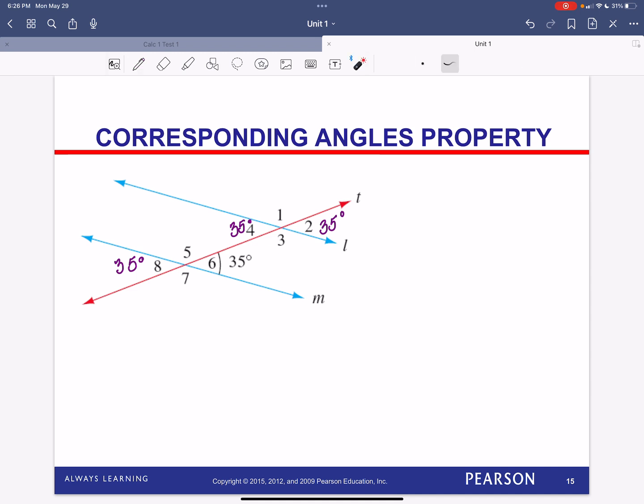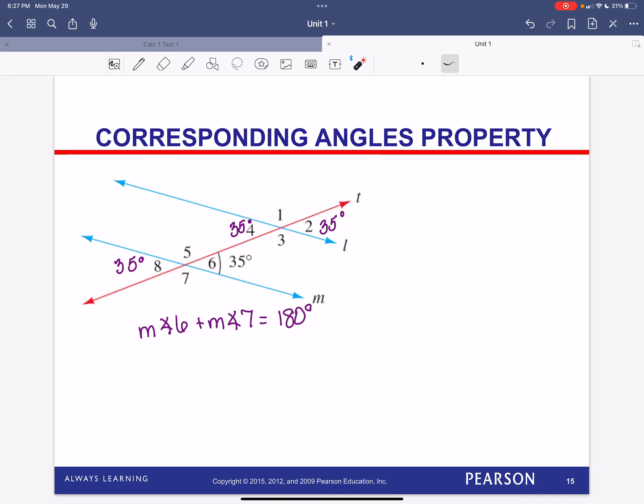Now we've got to determine what the other angles are. Let's look at this line right here. This is a line, so the measure of angle 6 plus the measure of angle 7 is going to be 180 degrees, because they form a straight line.